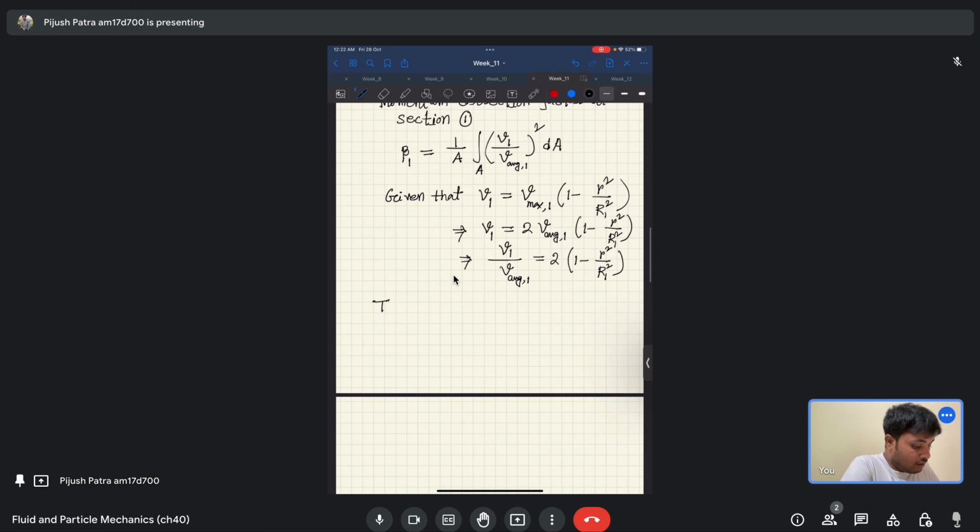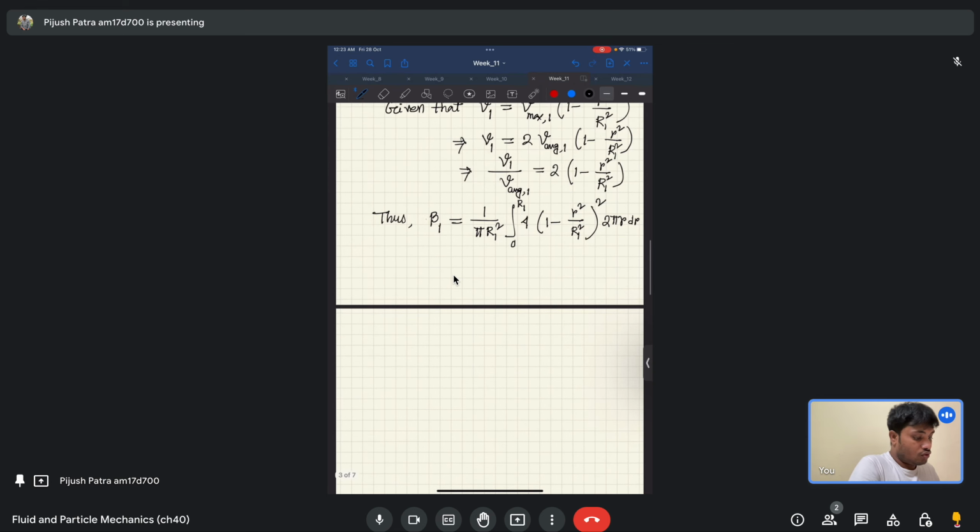Thus beta 1, so what is the area at section 1? It is pi R1 square, right, into integration 0 to R1, okay, of V by V average square, which is 4 into 1 minus small r square divided by capital R1 square, the whole square, into the elemental surface area 2 pi r dr. Am I right?